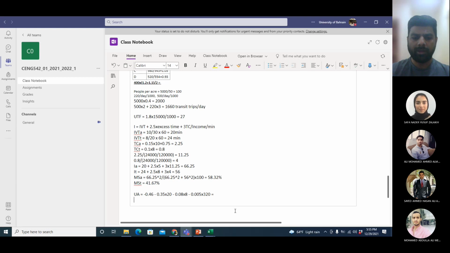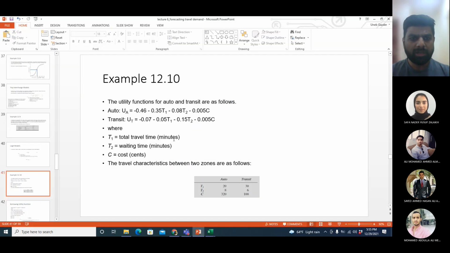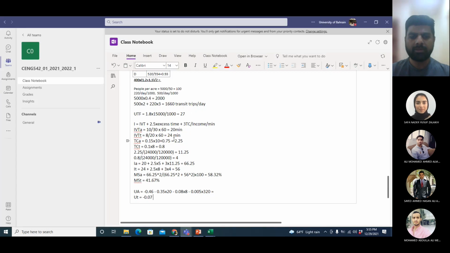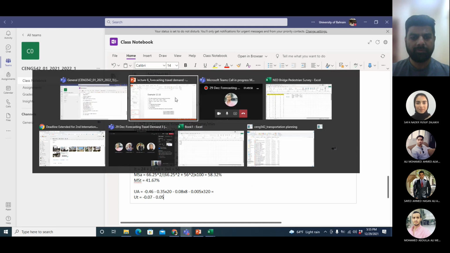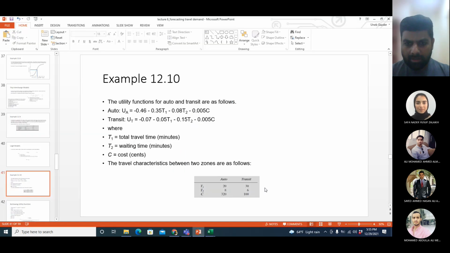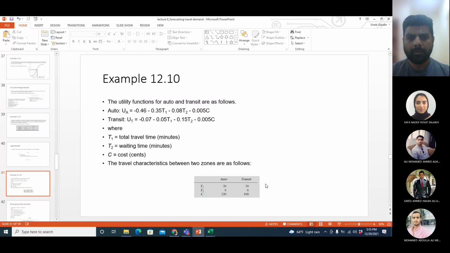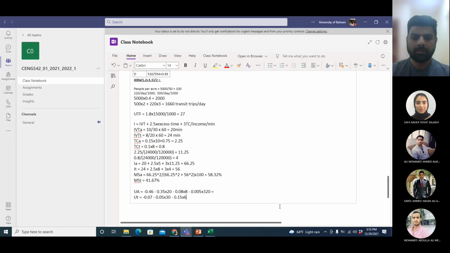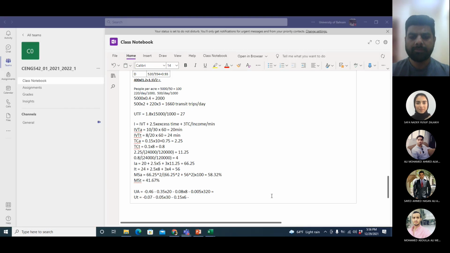This will give you the value, and then the utility for transit: minus 0.07, minus 0.05 T1, which is 30, minus 0.15 T2, which is 6, minus 0.005 C, where C is 100.